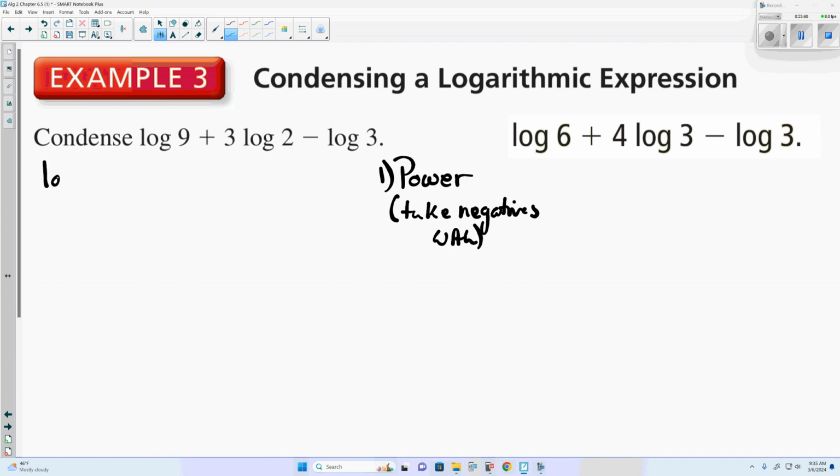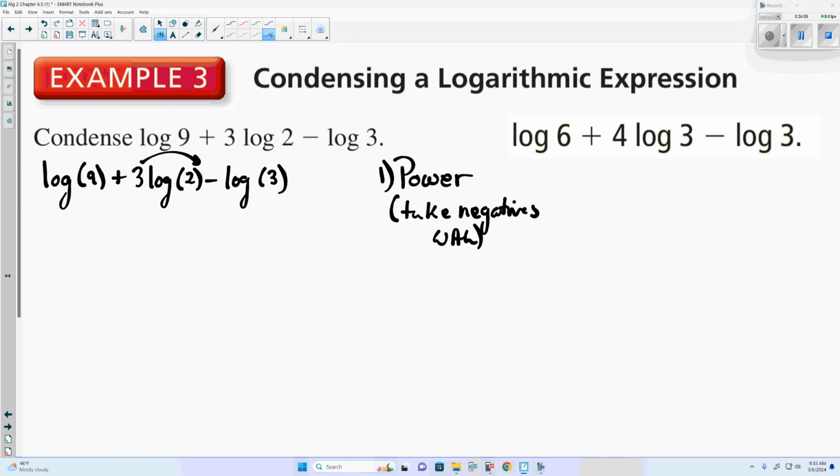So with our first one here, I'm just going to rewrite it. You don't have to. The first thing we start off with is our power rule, our exponents. Because the 3 is one of our powers. If there's a number out front, we move it back to the exponent.